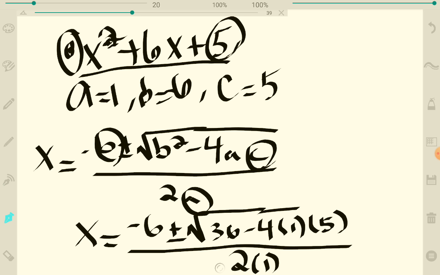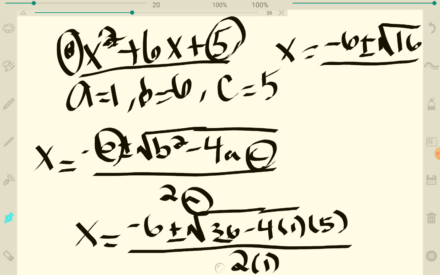So after this, we just solve and simplify. We get x equals negative 6 plus minus the square root of 36 minus 20, which would be 16, over 2. And that means x equals negative 6 plus minus 4 over 2.